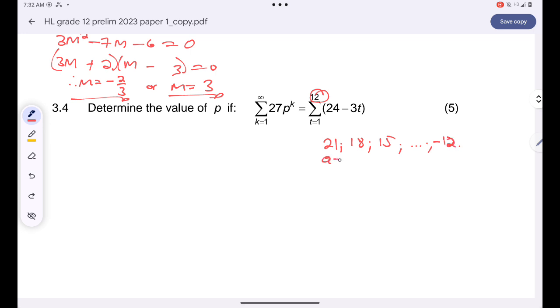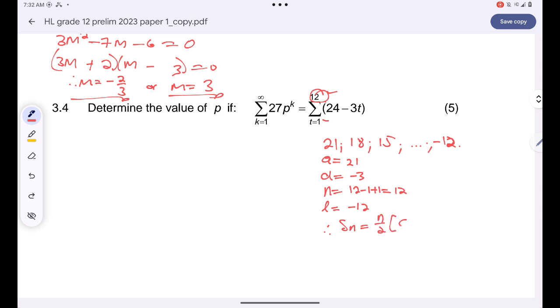So I know the value of A is 21. The common difference will be equal to negative 3. N is always top minus bottom plus 1, so that's 12 minus 1 plus 1. The answer will be 12. And then my last term is equal to negative 12. So therefore, I can simply calculate the sum. The sum of n is equal to n over 2.